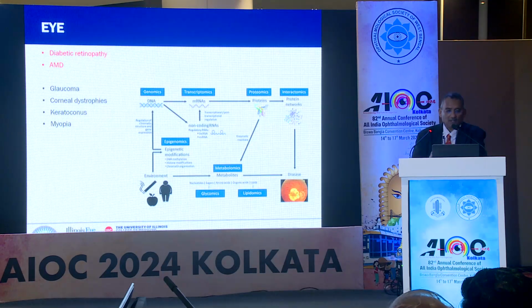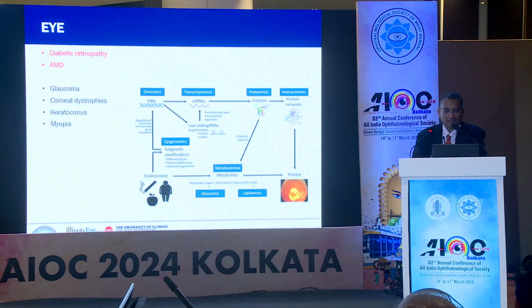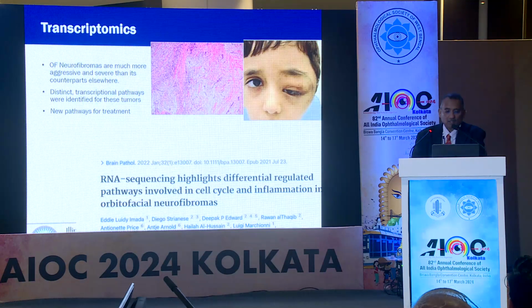So here you have a very complicated diagram, and this approach has been used in the eye in diabetic retinopathy, AMD, to discover new medications, and also glaucoma, corneal dystrophies, keratoconus, and myopia. So all these different types of omics have been studied, and new therapies have been developed.